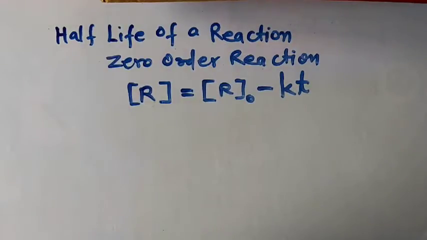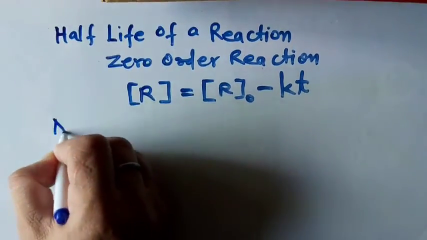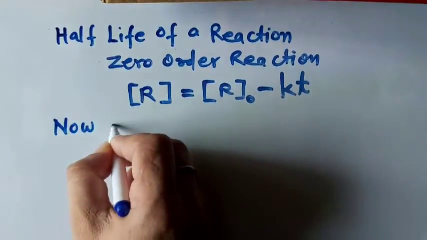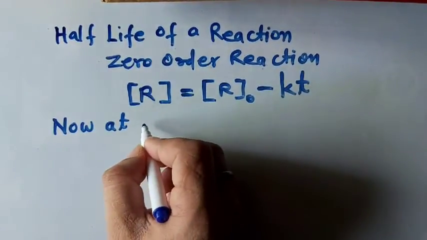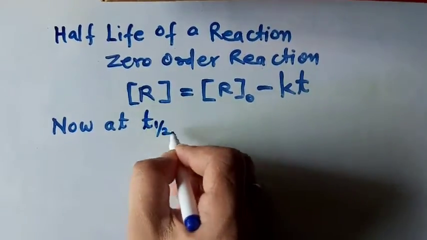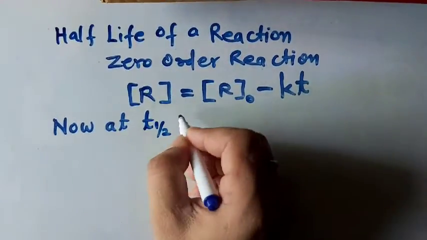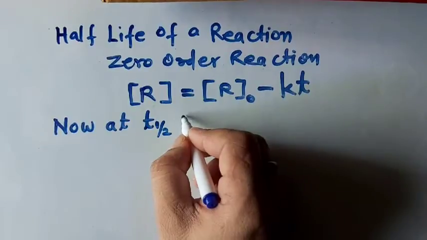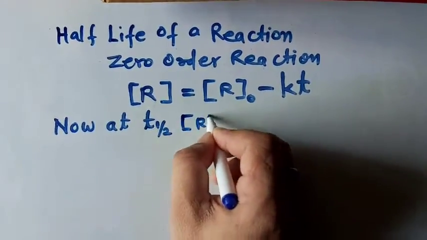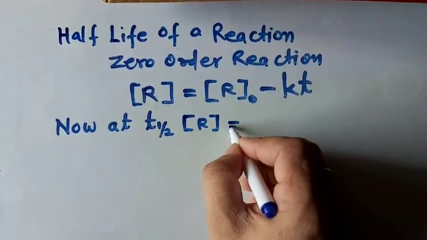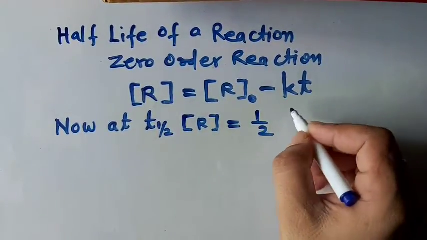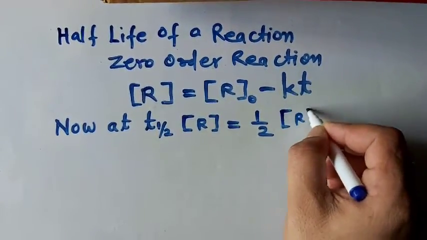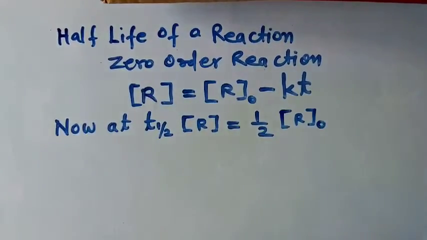Now the reaction has proceeded, and at T half, when the time has passed half, the concentration of reactant would be half of the concentration of reactant what it was initially.